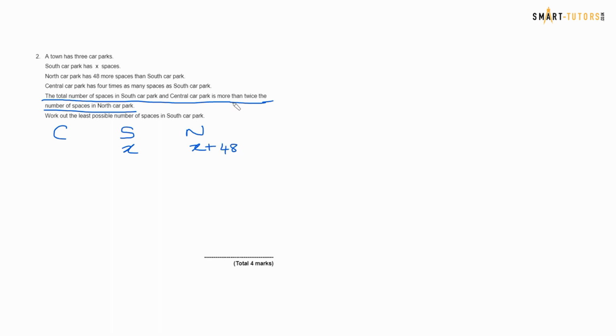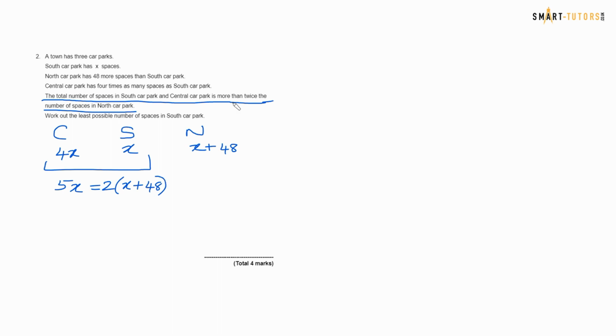Central car park has 4 times as many spaces as South car park. 4 times x is 4x. Now the relation is given, the total number of spaces in South and Central. So these two added, so x plus 4x, which is 5x, is more than twice the number of spaces in the North car park. So 2 times x plus 48. So that is the equation.